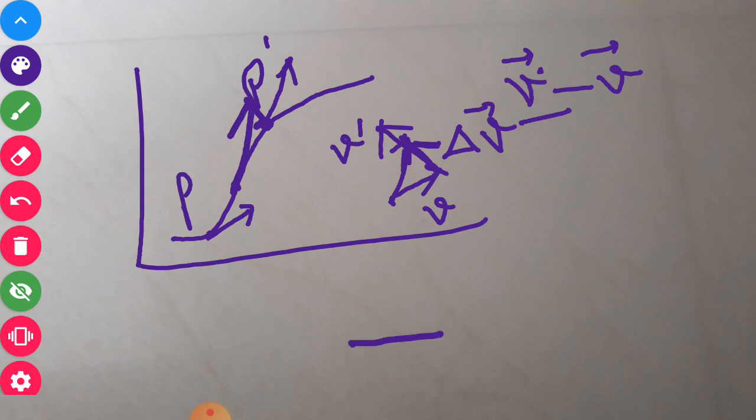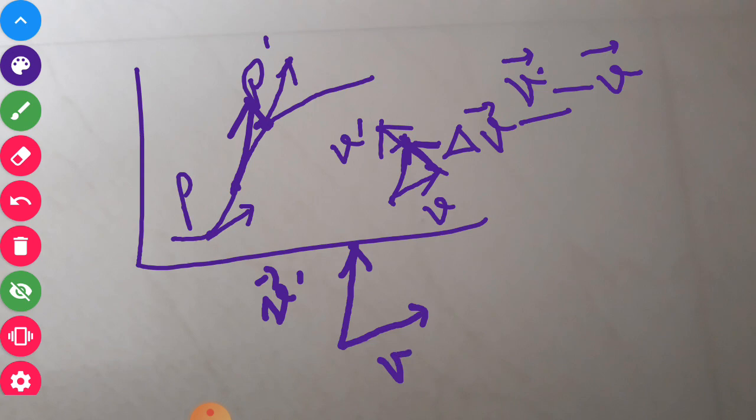So you draw it like this, then this is your first vector. The first vector is in a slanted direction, so we draw it like this, and the final velocity vector is in this direction. So this becomes v prime and this becomes v.